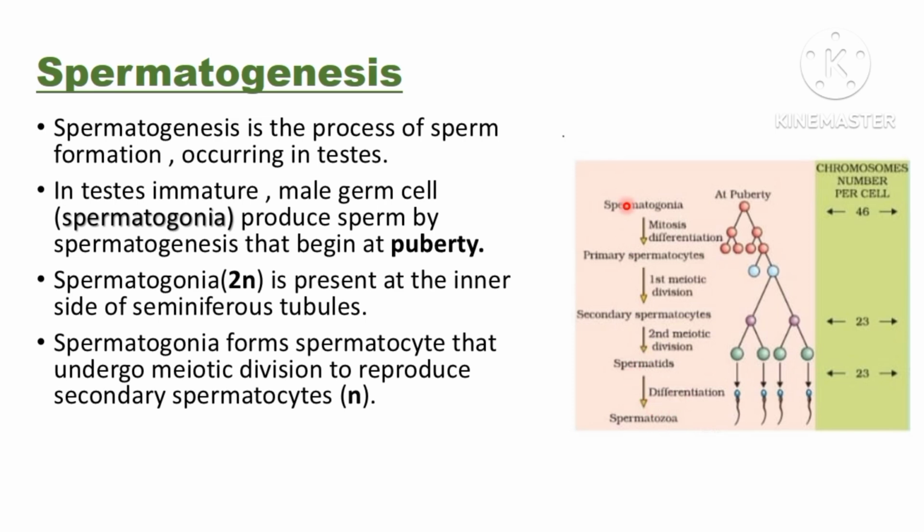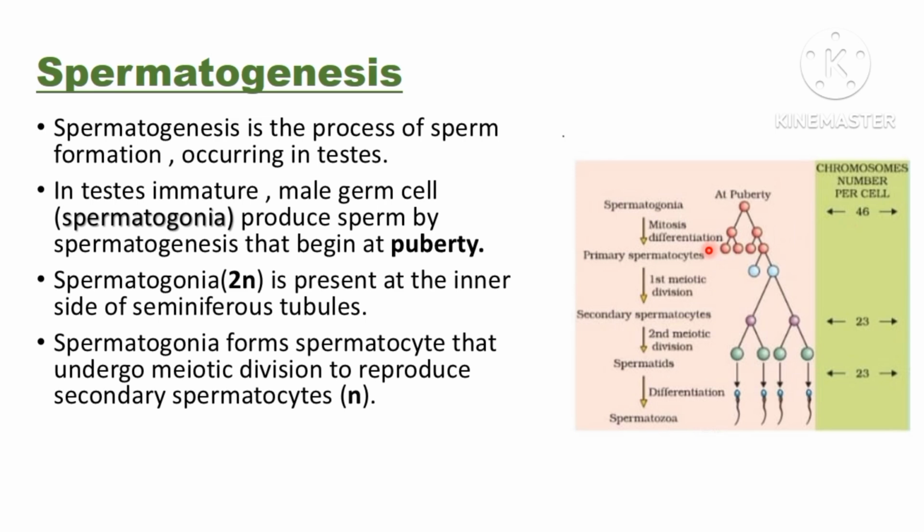Spermatogonia are immature cells that undergo mitotic division and increase their number. Primary spermatocytes enter the first meiotic division and form secondary spermatocytes. Spermatogonia and primary spermatocytes are diploid, meaning they have 46 chromosomes per cell.